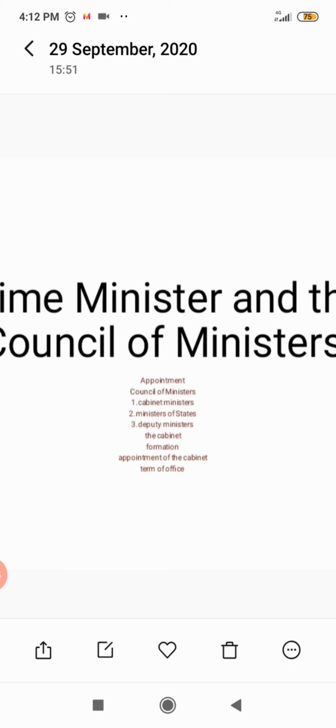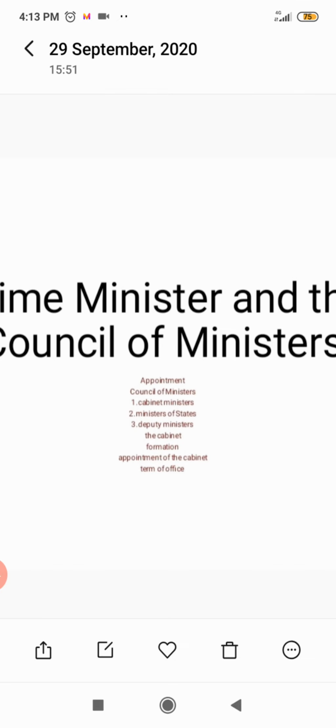But the 91st Amendment Act in 2003 put a ceiling on the size of the Council of Ministers at the center and in the states to 15% of the strength of the Lok Sabha and the state legislatures. That is fixed by the 91st Amendment.